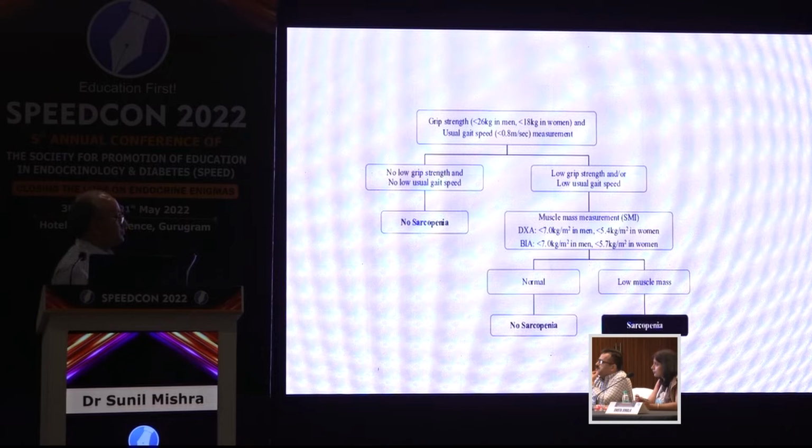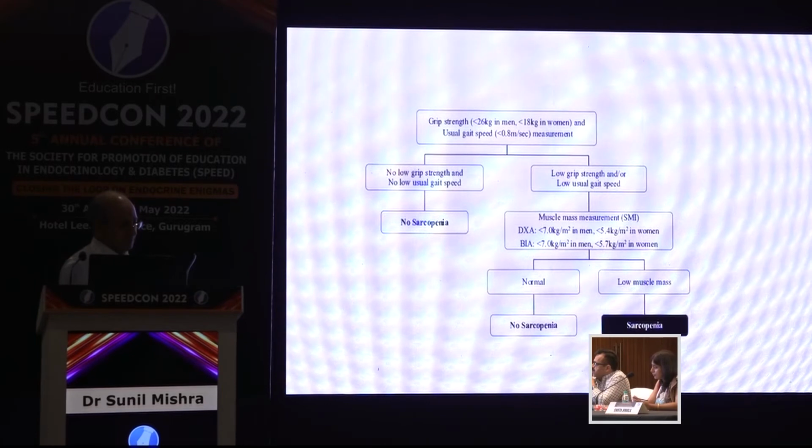Dr. Sunil, as you said, sarcopenia is a degenerative disorder occurring after the age of 40, and the prevalence is, I think, 8% per decade up to 70 years.